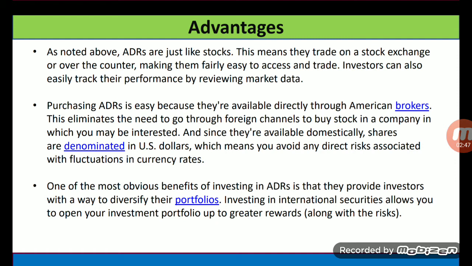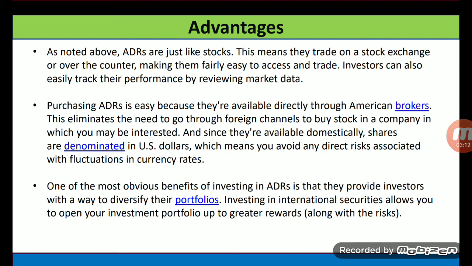The second benefit or advantage is that purchasing ADR is easy because they are available directly through American brokers. American citizens or investors do not have to go to the international stock exchanges. This eliminates the need to go through foreign channels to buy stock in a company in which you may be interested.